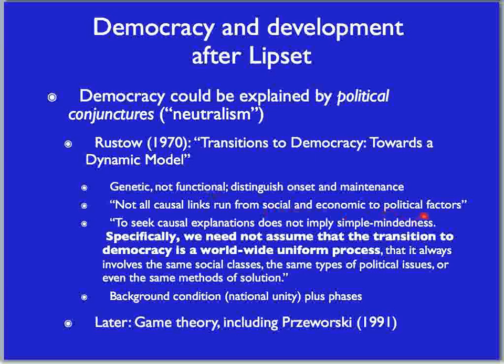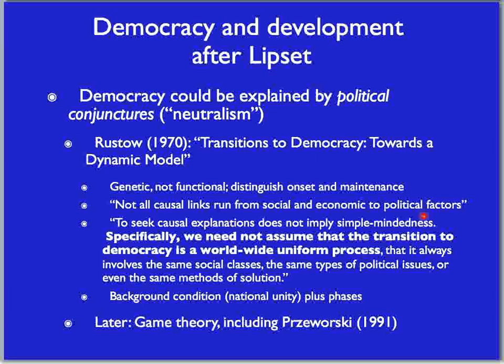Instead, he says, it can be different in different circumstances. We don't have to be simple-minded about it, Rustow argues. We need not assume that democracy always happens for the same reason wherever it emerges, so that you need not assume that the transition to democracy is a worldwide uniform process. Different issues can be on the table, different classes can be involved in different circumstances.